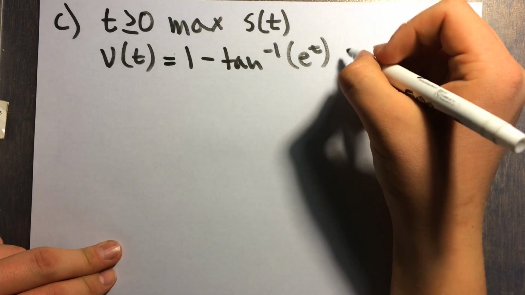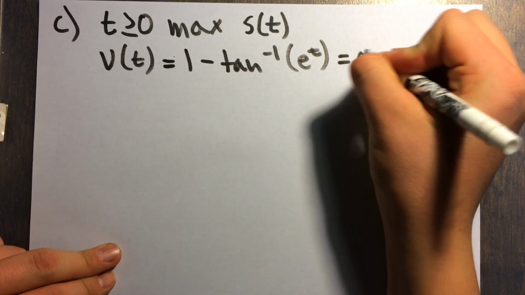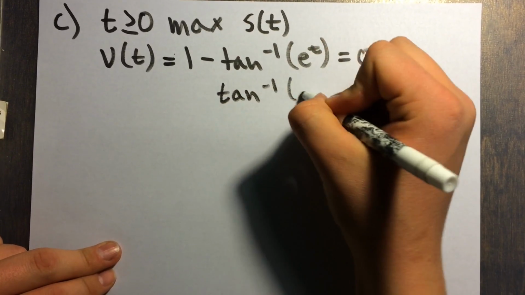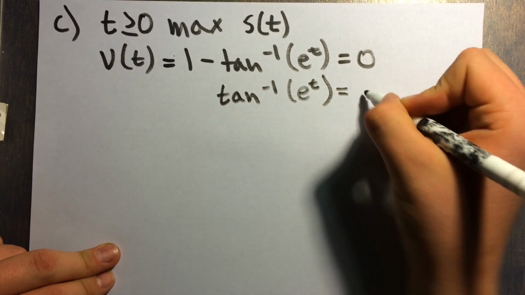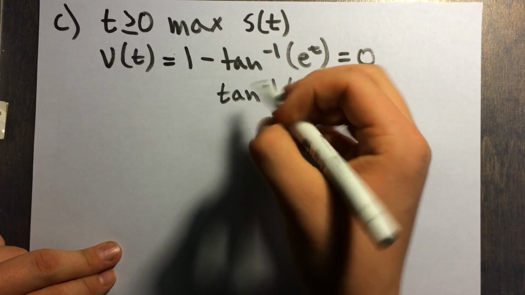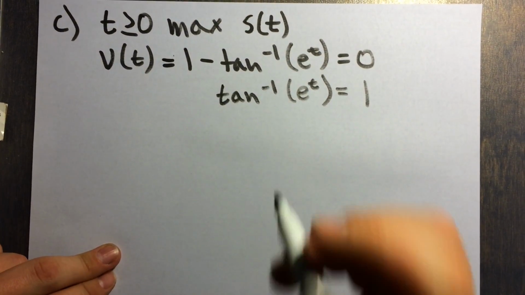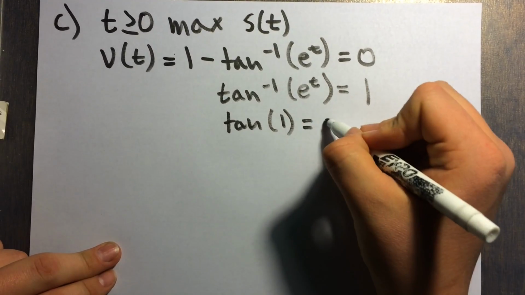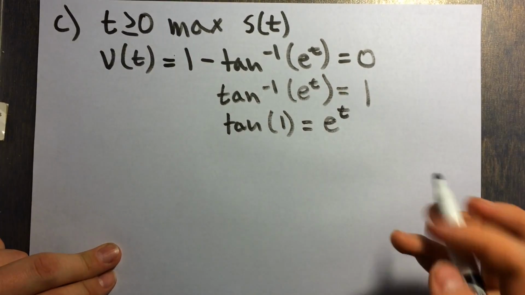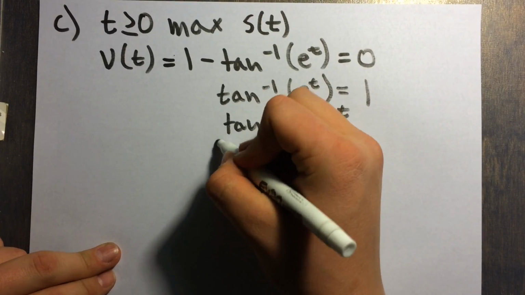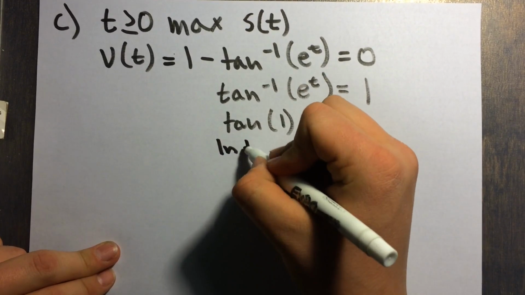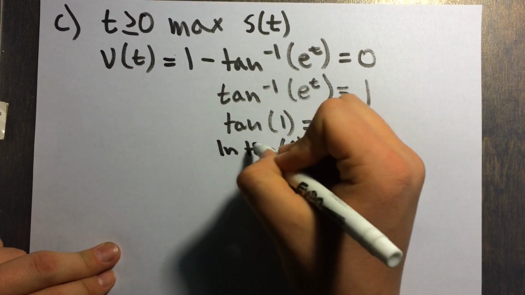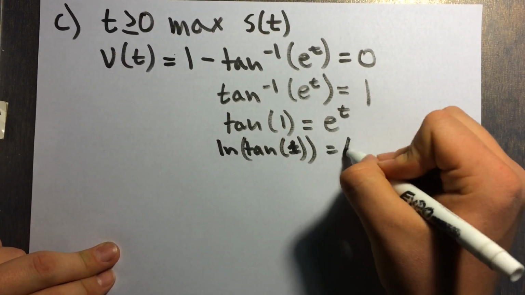Now we must find the zeros of this function, so we set it equal to 0 and solve, getting tan inverse of e to the t equal to 1. We take the tangent of both sides and get tan of 1 equal to e to the t. We take the natural log of both sides, getting ln of tan of 1 equal to t.